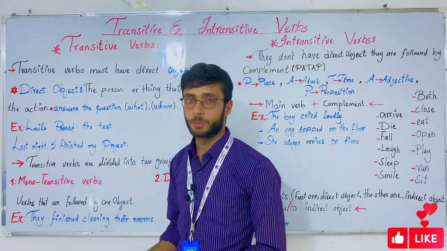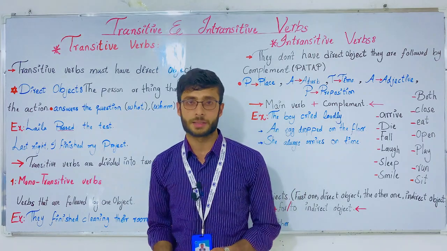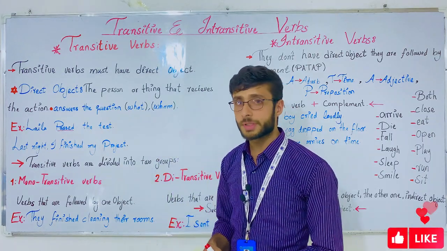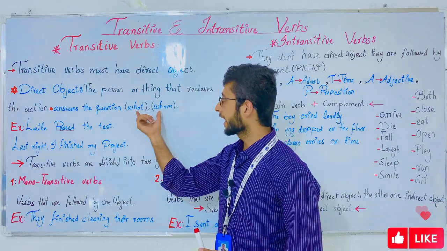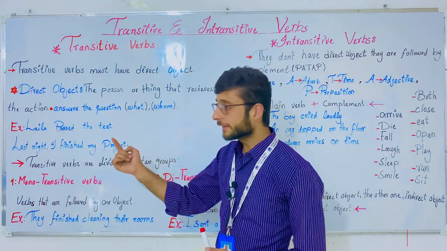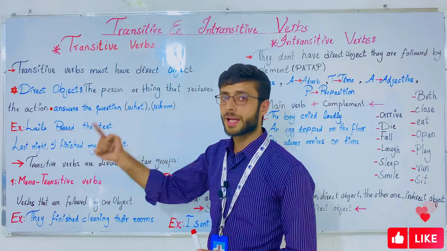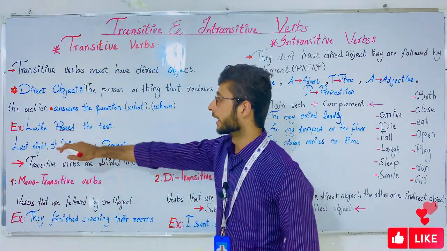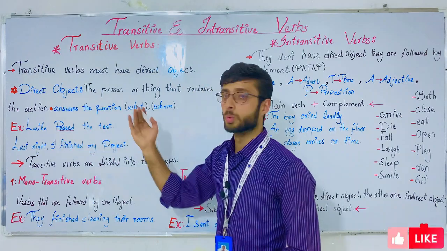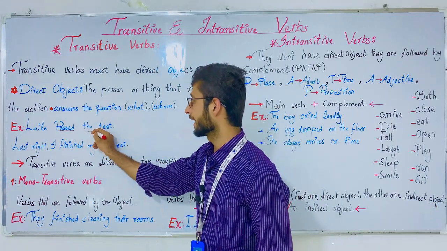It is the verb. Now, how should we understand whether it is a transitive verb or an intransitive verb? Yes, let's answer what or whom. If the question answers what or whom, it's called a direct object. Like, Layla passed what? Passed the test.